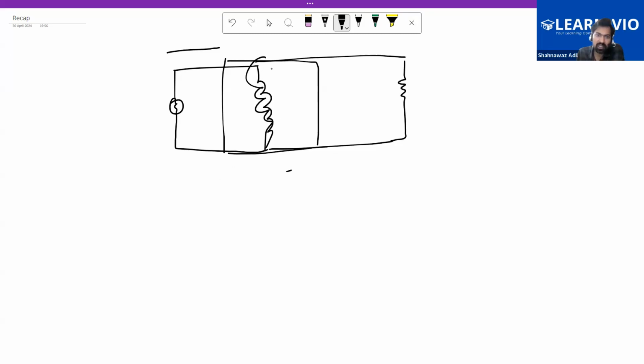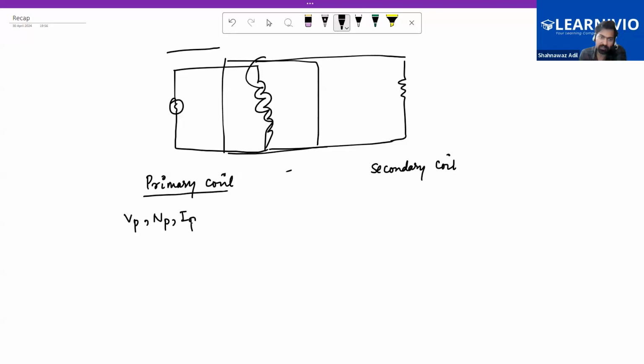So in the transformer, you have a primary coil and a secondary coil. In the primary coil, you have voltage primary, number of turns primary, current primary, and then power primary.